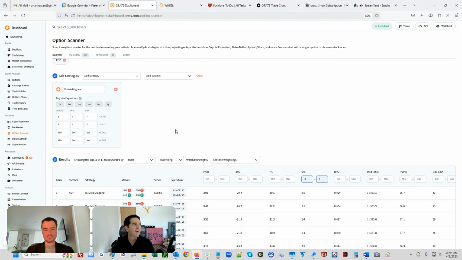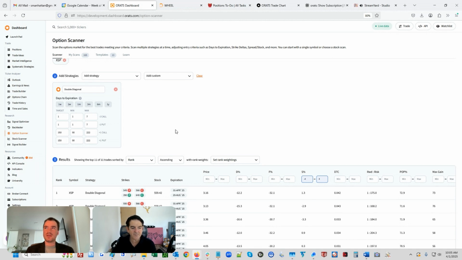I've seen some diagonals where the farther term is actually closer to the money than the outside ones. So the diagonal just means that it's a different expiration and a different strike. Is that clear enough, Tyler?